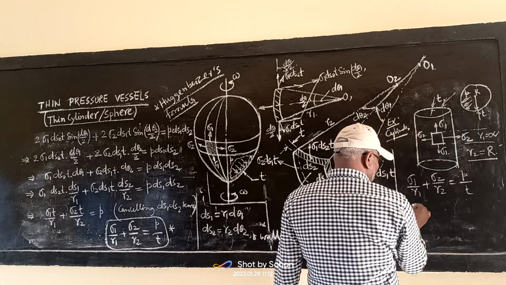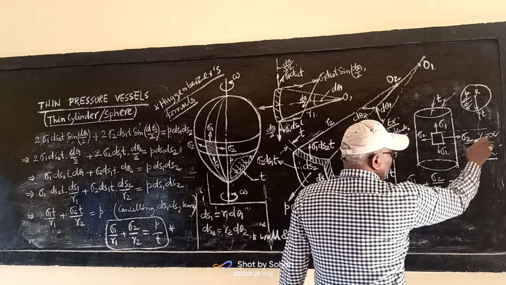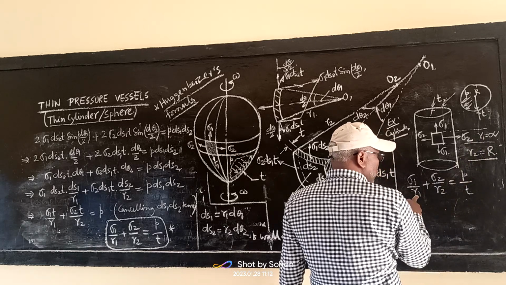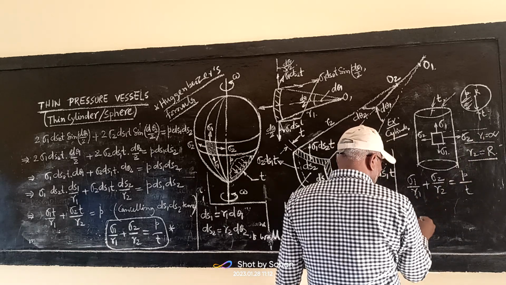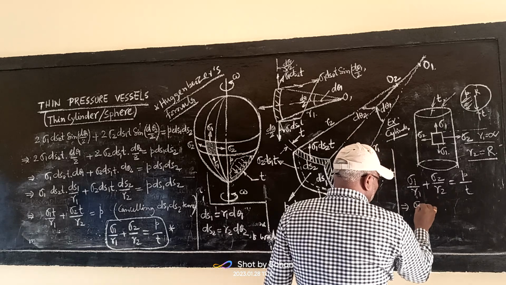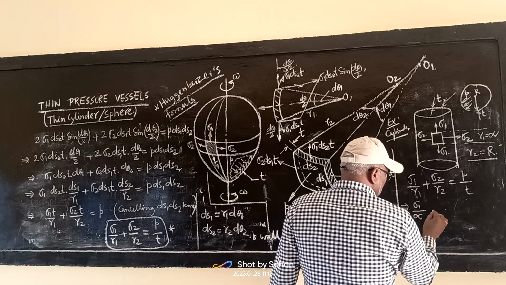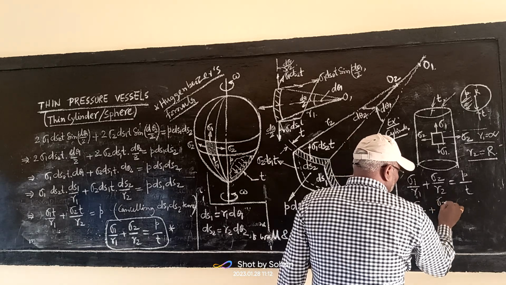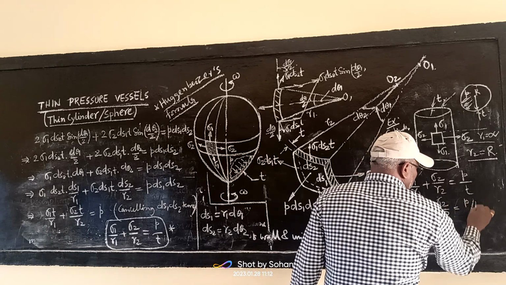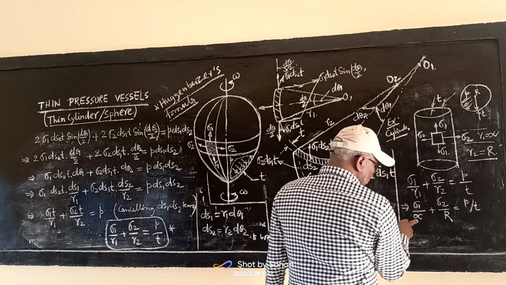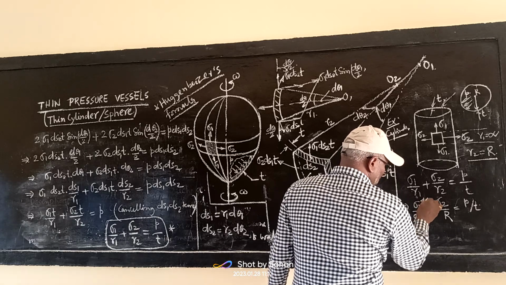So we substitute R1 equal to infinity and R2 equal to capital R. That becomes sigma 1 by infinity plus sigma 2 by R is equal to P by T. Sigma 1 by infinity means this will be 0.